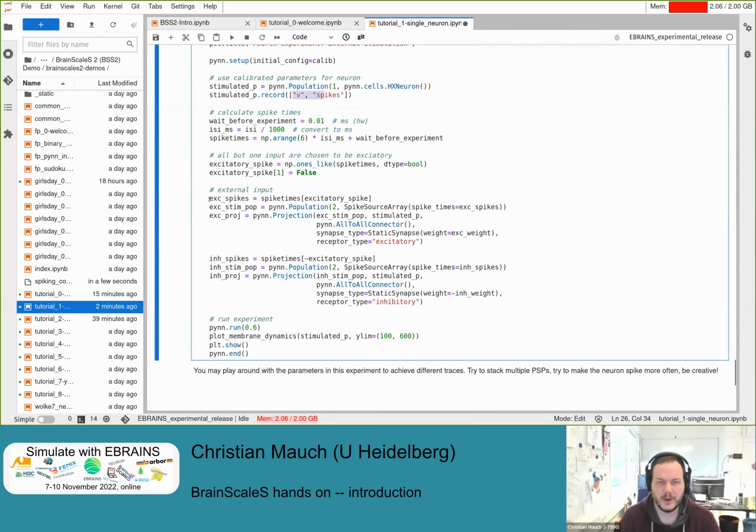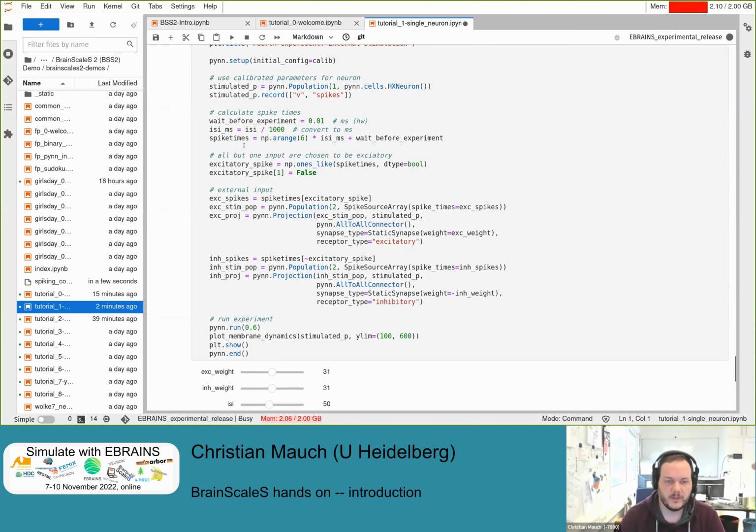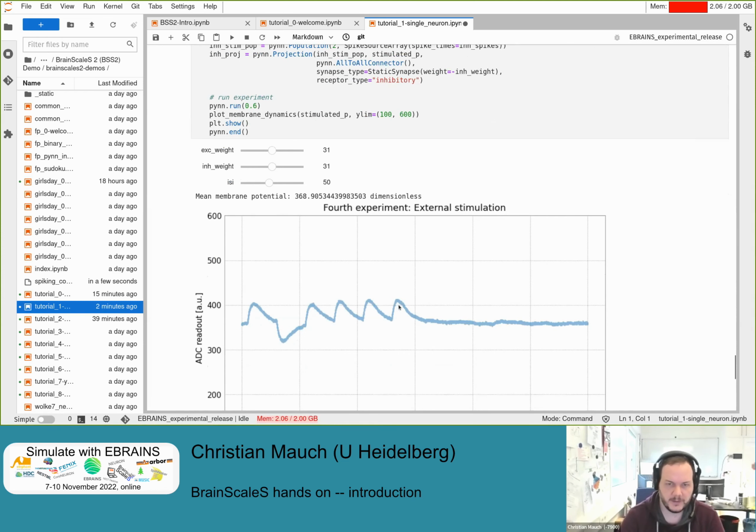We provide excitatory and inhibitory spike input, so that we have some excitatory and some inhibitory spikes and can see the dynamics of the neuron. When we execute this, we see that we have defined 6 input spikes overall, 5 excitatory and 1 inhibitory.